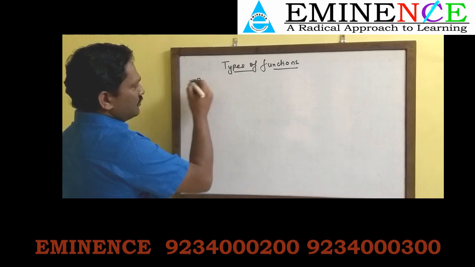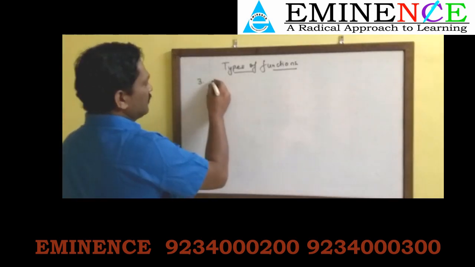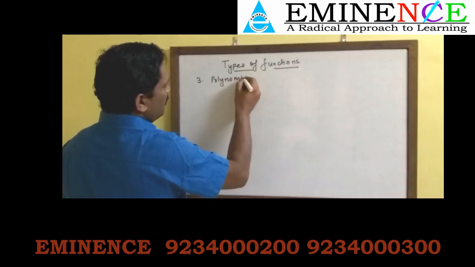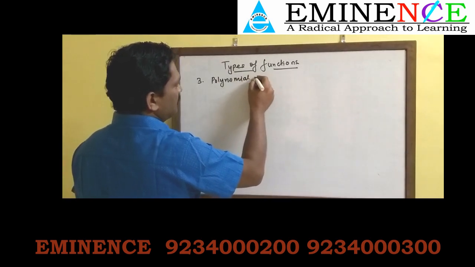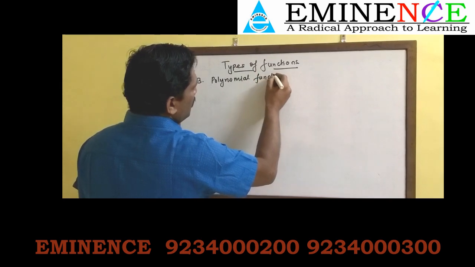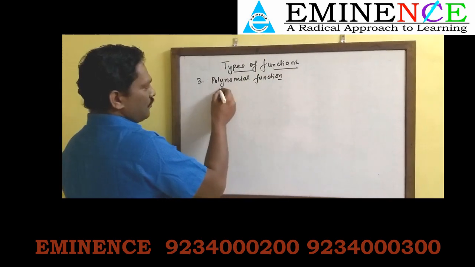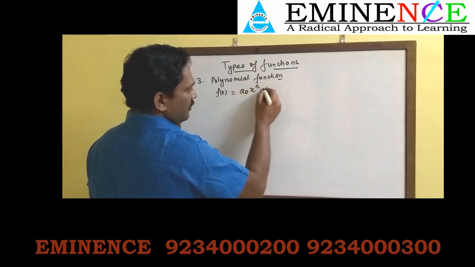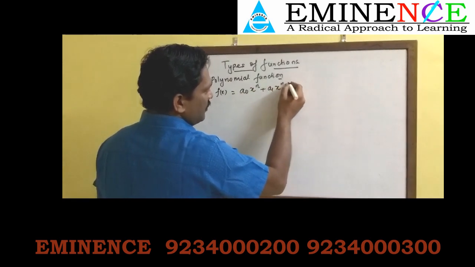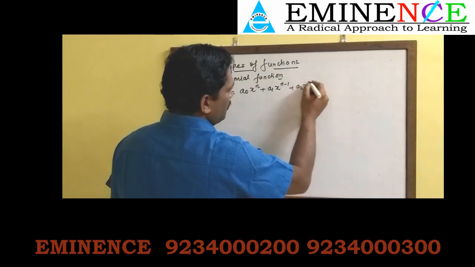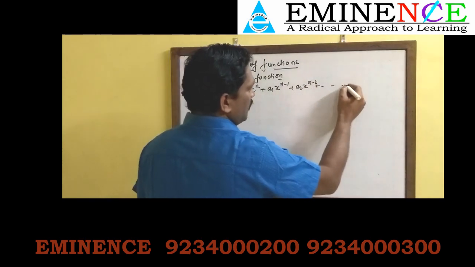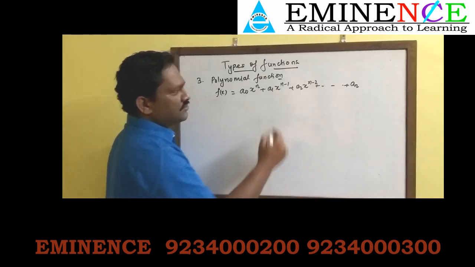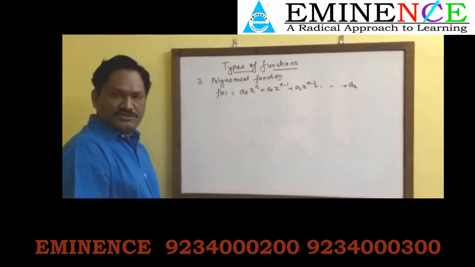The third kind of function that we get to learn is a polynomial function. Now this is a very important type. Any function of the format f(x) equals a0 x to the power n plus a1 x to the power n minus 1 plus a2 x to the power n minus 2 and so on till an, any function of this type is called a polynomial function.